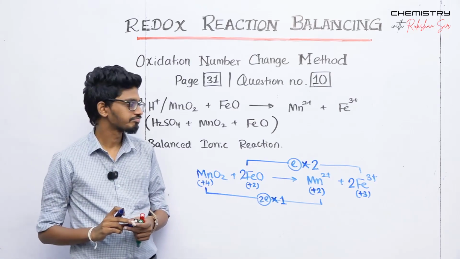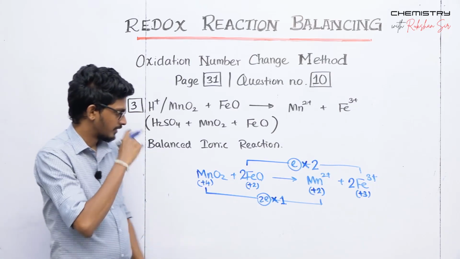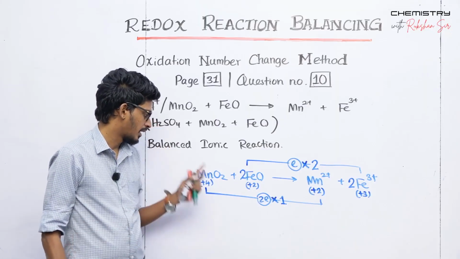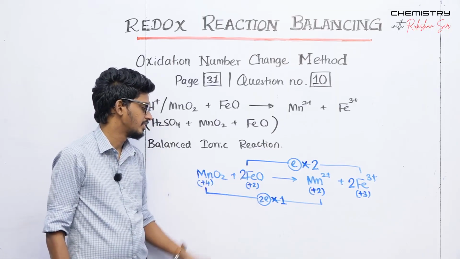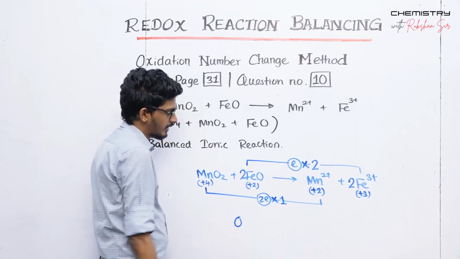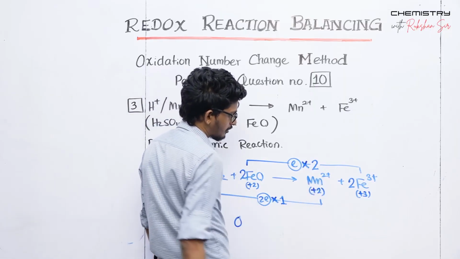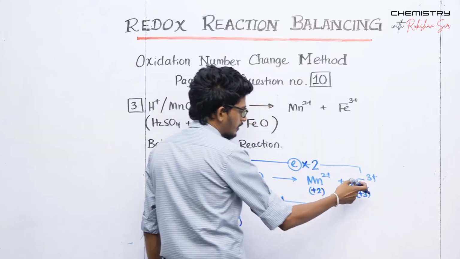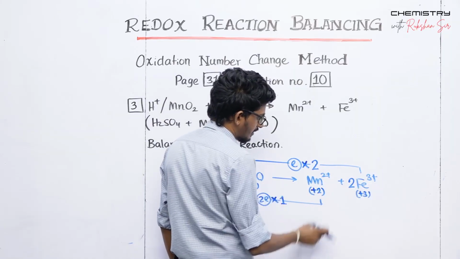Third step, balancing the charges on both sides, right? This side, one particle is 0 charge, 2 particles with 0 charge. The charge is 0. Here, one particle is +2, 2 particles is +3. 2 particles with +3 means +6.